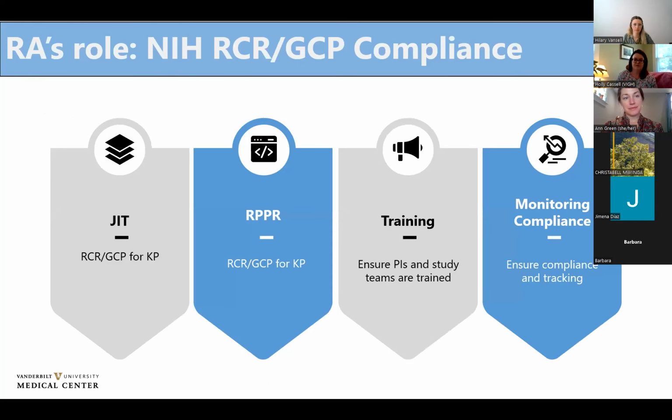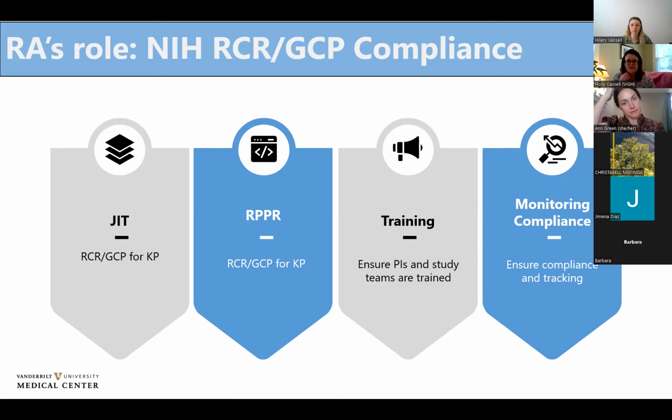Okay, so I know that was really fast, but what is your role related to NIH, RCR, and GCP? Again, you have to submit it at the time of grant submission in the just in time. You have to submit it at the progress report. And you will likely need to maintain training, some sort of tracking.